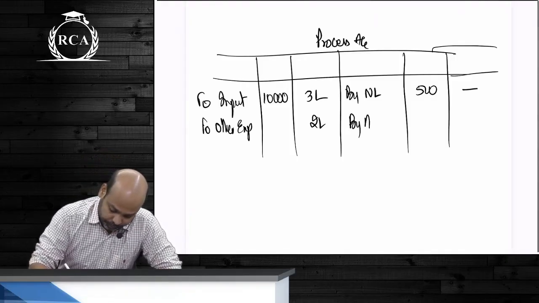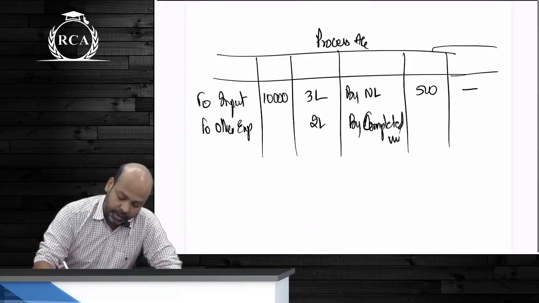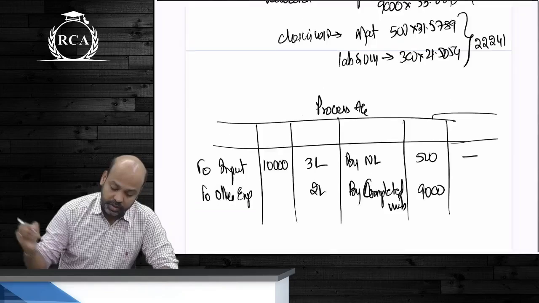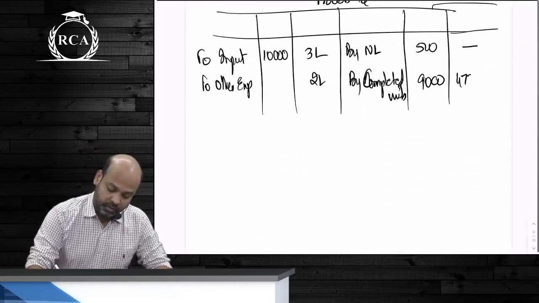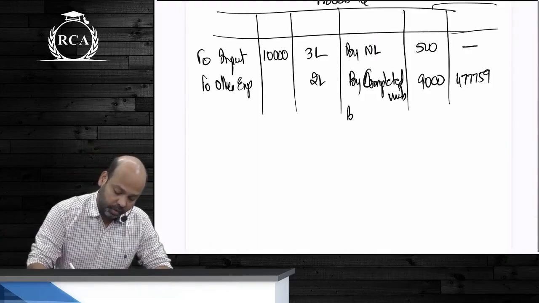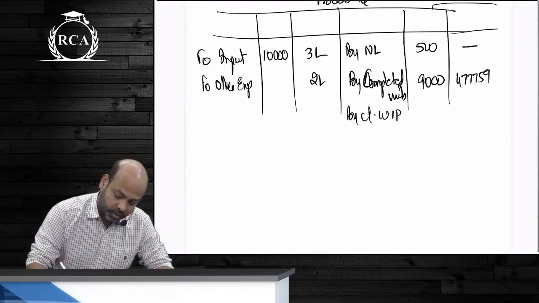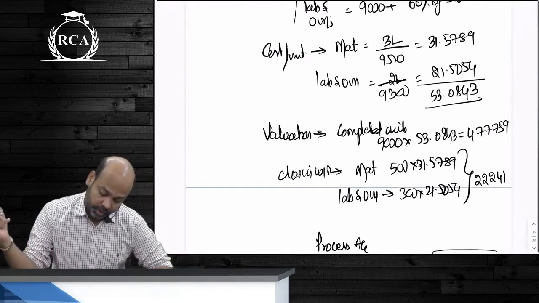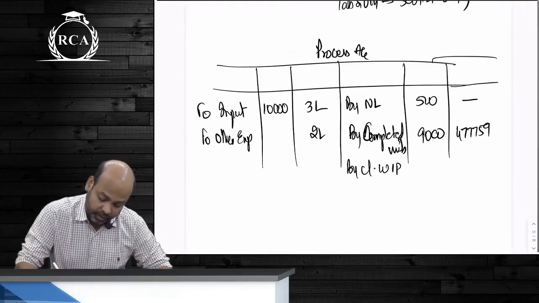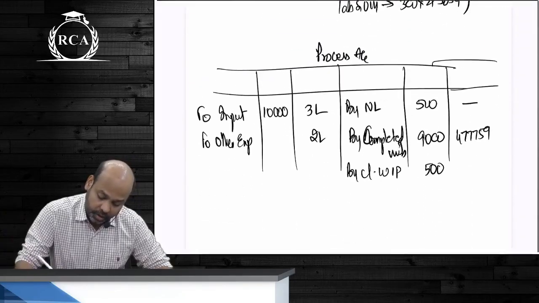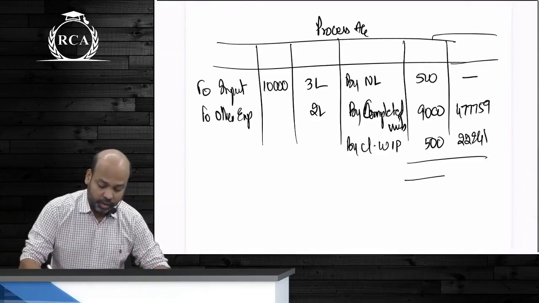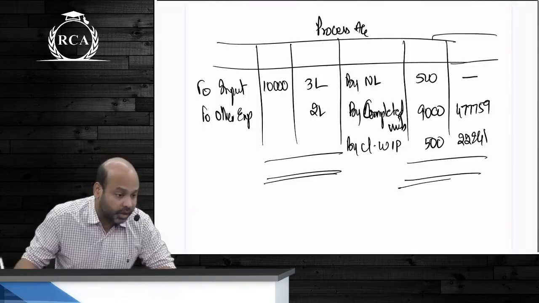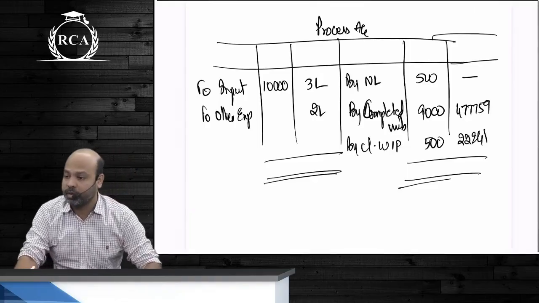By completed units or units transferred to next process, how many units were fully completed? 9,000 units. They were valued at an amount of 4,77,759. By closing work in progress, 500 units valued at 22,241. Number of units you will write 500 only. You will not write 500 and 300 separately. Are we all clear about this?